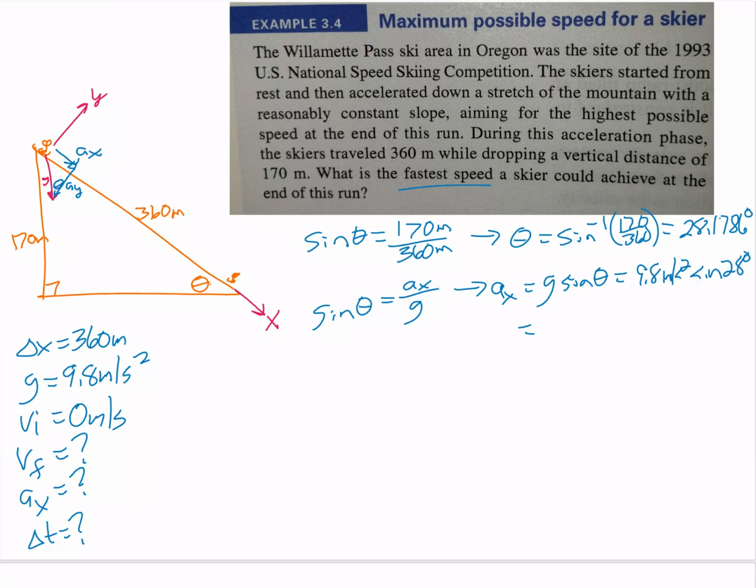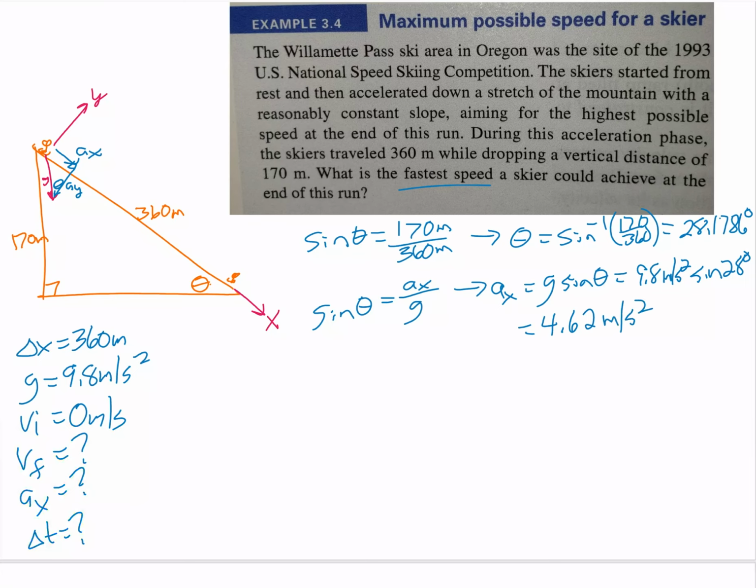And so then you get a sub x equals 4.62. 4.62 what? Meters per second squared. It's an acceleration, meters per second squared.